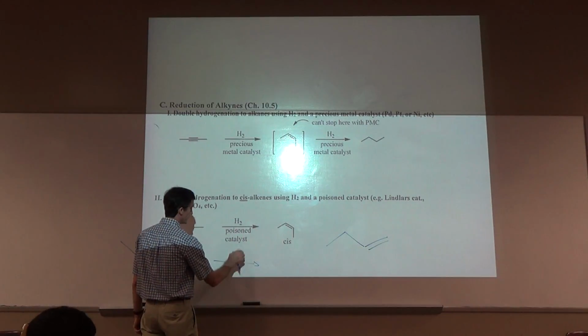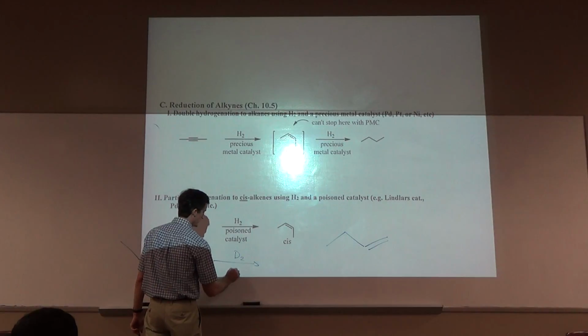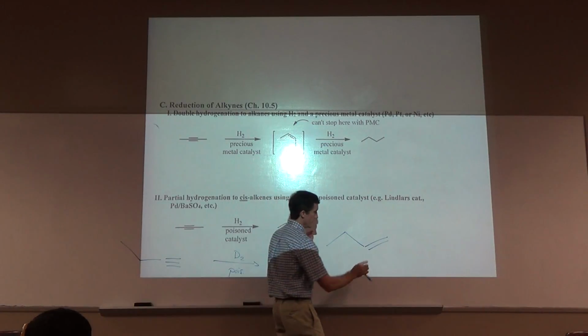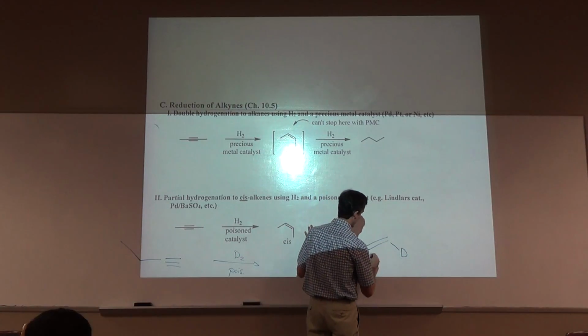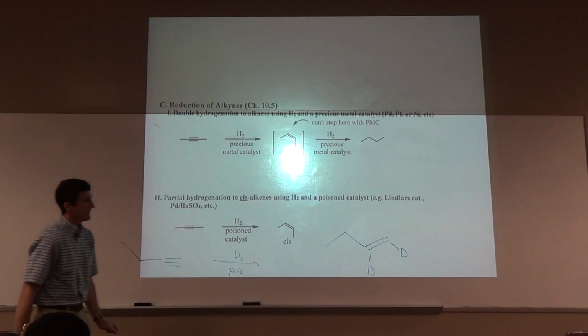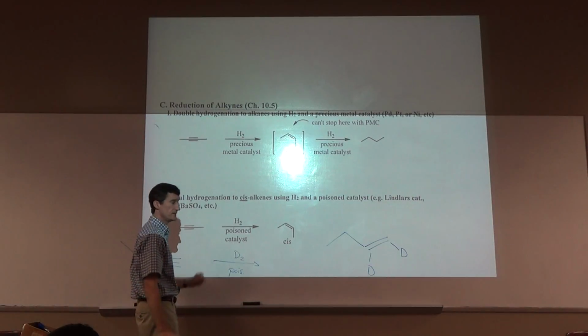What if instead of H2 we use D2 and a poison catalyst? It would give that, right? Two deuteriums would be on the same side.